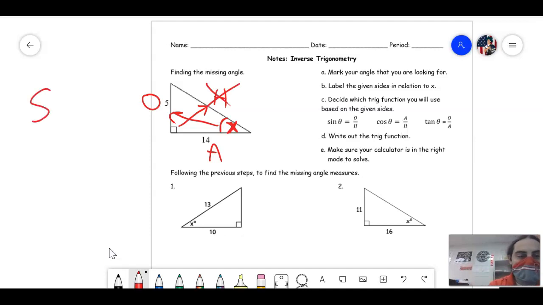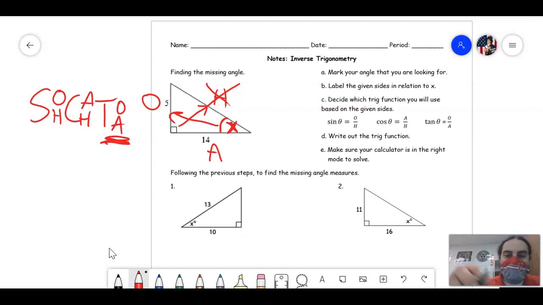I don't need H. So when I think of SOH CAH TOA, O and A has to be T for tan, okay? So here's how I would write it. Tan x equals O over A, 5 over 14, okay?